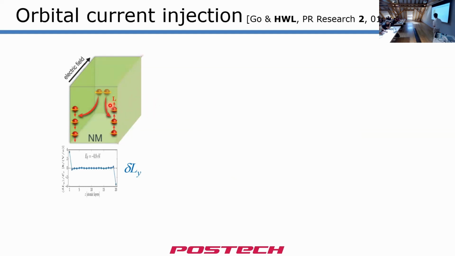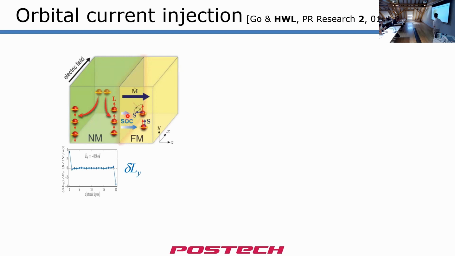So without a ferromagnet, suppose this is an orbital Hall effect material. If the electric field is applied this way, it will simply generate orbital angular momentum accumulation on one surface and the other surface. But if we make contact with a ferromagnet, probably that orbital angular momentum will be injected into the ferromagnet.